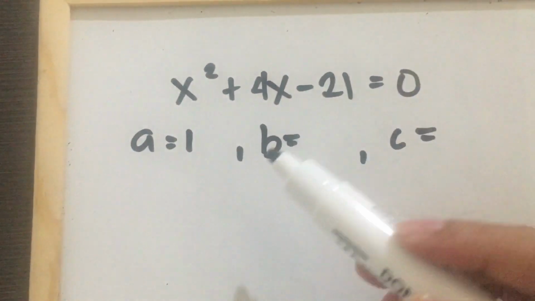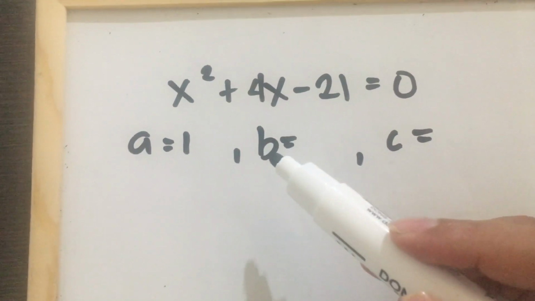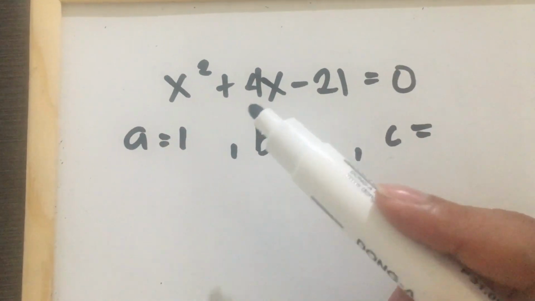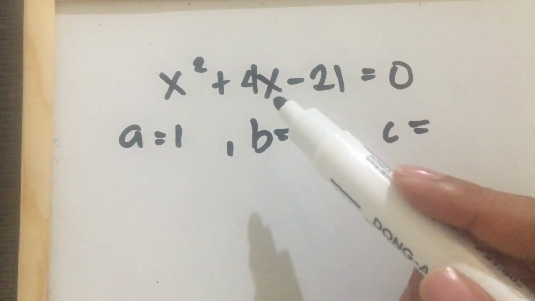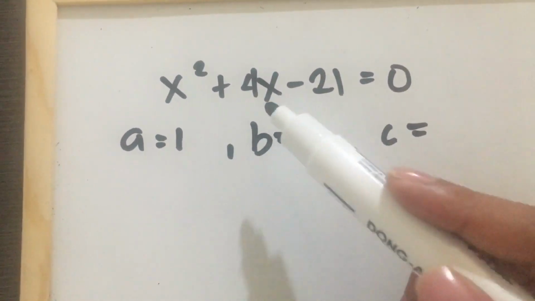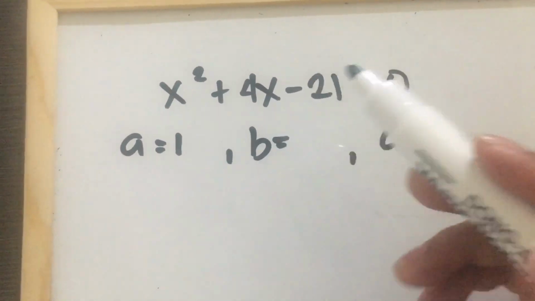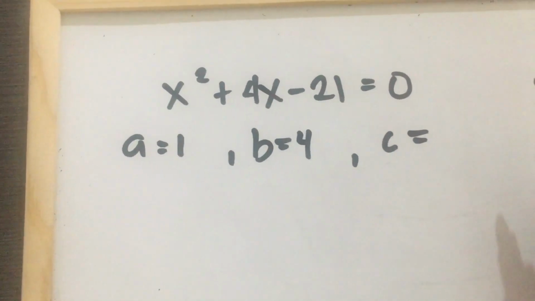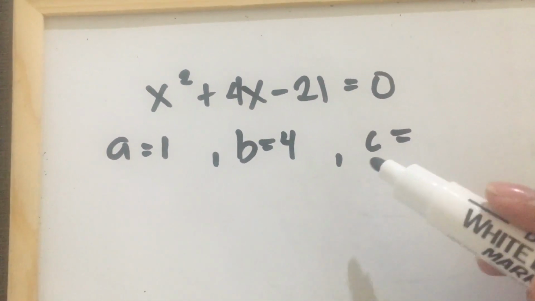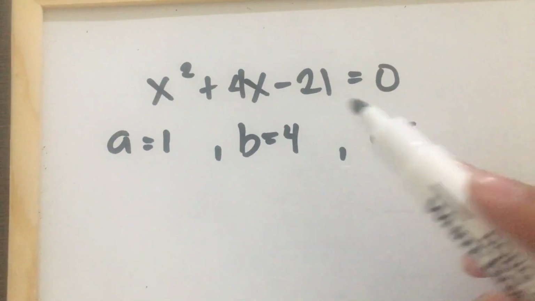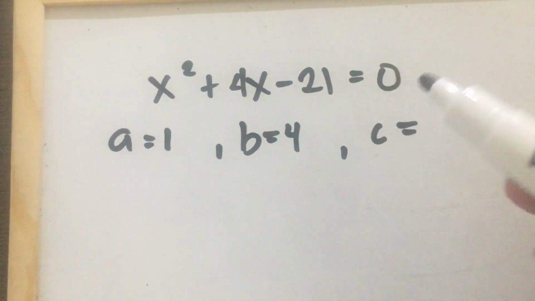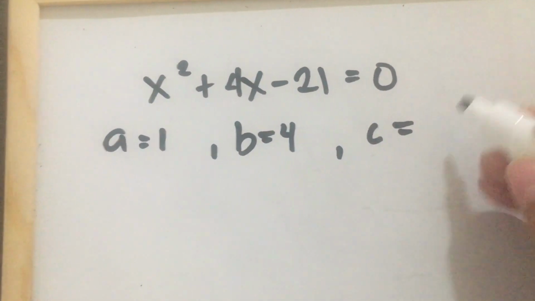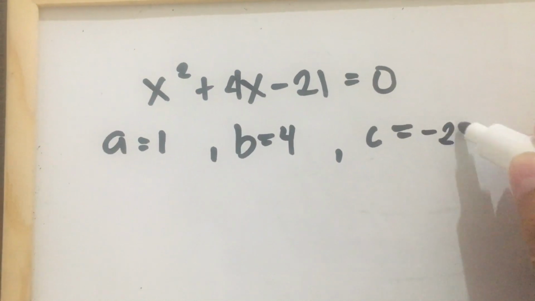For b, it is the coefficient beside a variable x, or any variable with an exponent of 1. So our b is equal to 4. Our c is the constant number in our quadratic equation, so the constant number is negative 21.